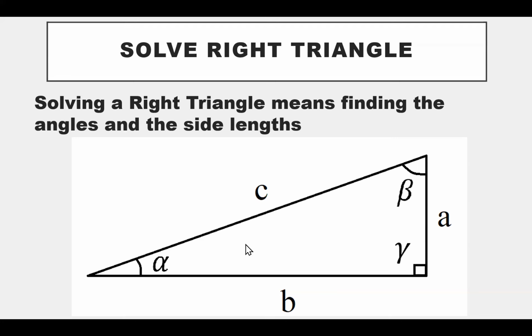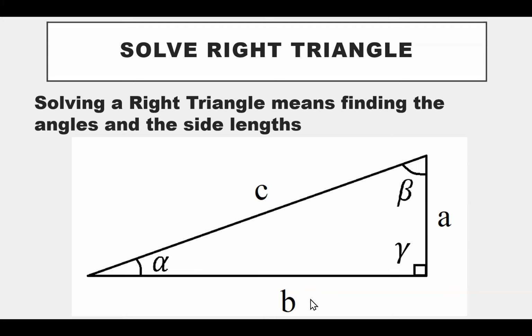The side opposite of alpha, we say has length A. The side opposite of beta, we say has length B, and the side opposite of gamma, we say is length C. Since the side opposite of gamma is the hypotenuse, that just means C is the hypotenuse of this right triangle. This is the standard notation.